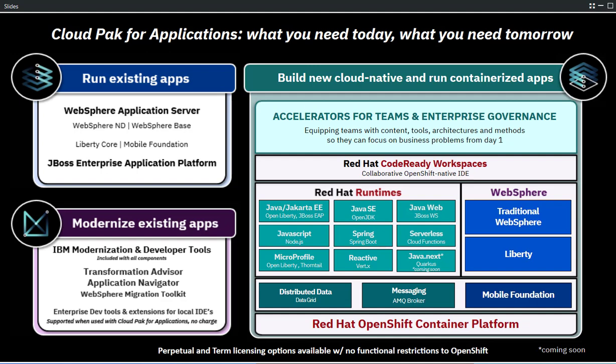But as you realize the potential of those can be increased through a combination of modernization and containerization, then we have the tools through Transformation Advisor and the toolkits that are provided there that help you first understand and then progressively containerize and modernize those applications from traditional WebSphere onto the Liberty runtime running in containers, which can then be deployed and exploiting the container and cloud native capabilities on the right-hand side of this slide.